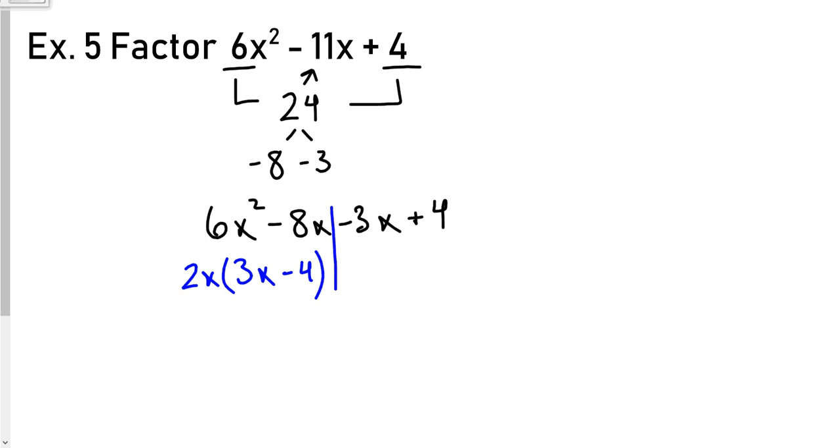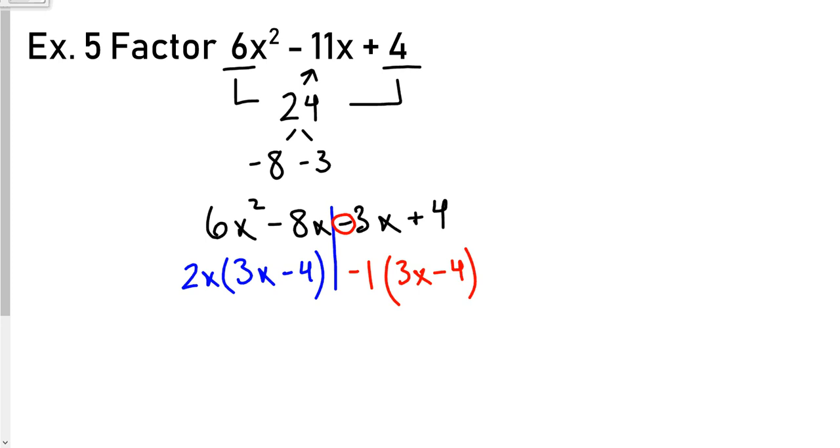You can always factor out a 1. And when we're doing factoring by grouping and split the middle, if you can't factor out something, you've got to factor out a 1. But remembering our little tips and tricks, that third term is negative, so I need to factor out a negative 1. Okay, and when I factor out just a negative 1, what's left? 3x minus 4.